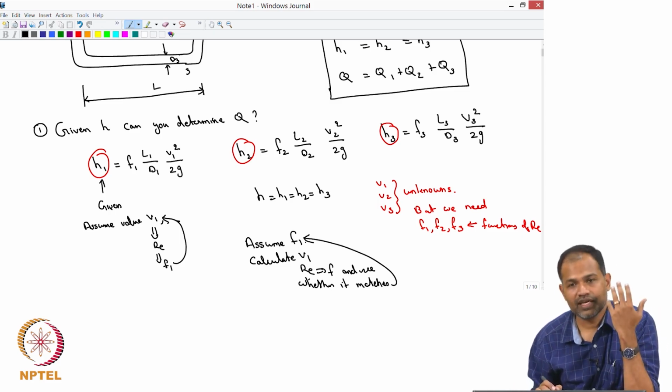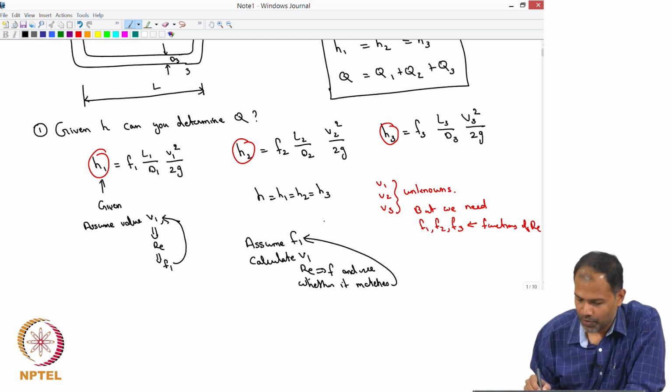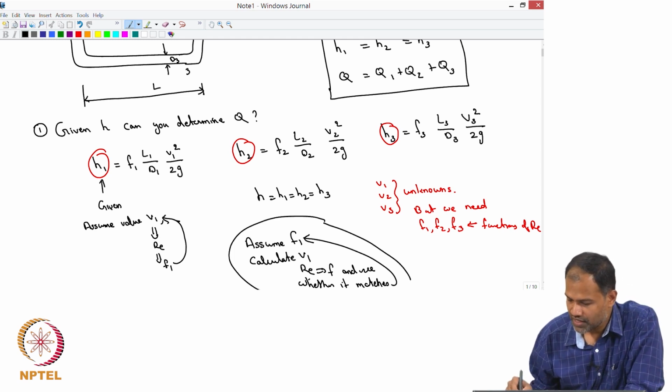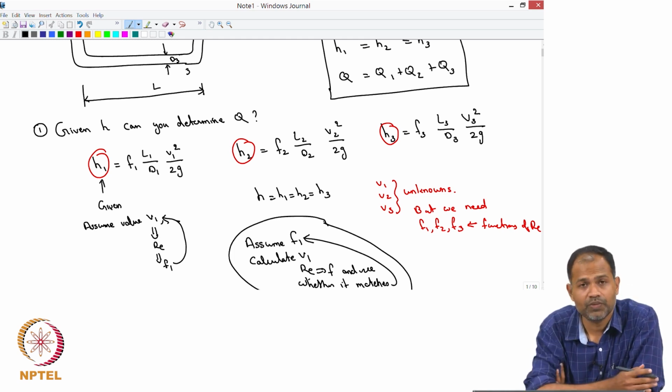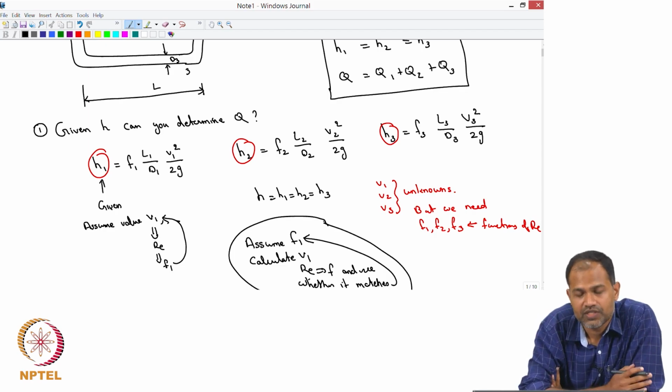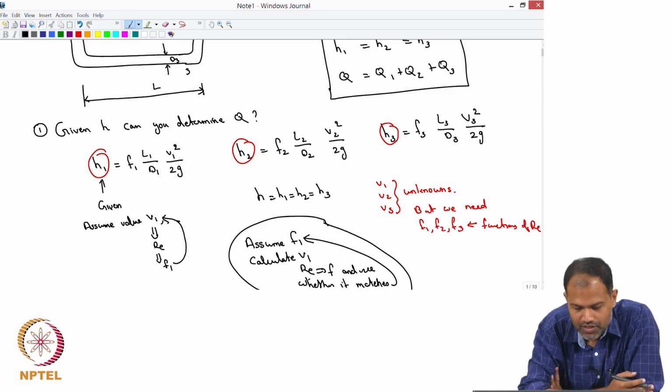If not, correct it, and so on, and this might probably be a better way of doing things. Either way you can do it: either start by assuming F1 and calculate V1, or start by assuming V1 and calculate F1, and continue that procedure till you get convergence.